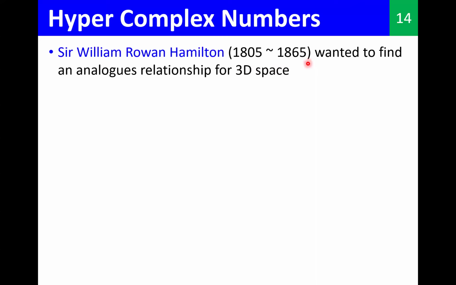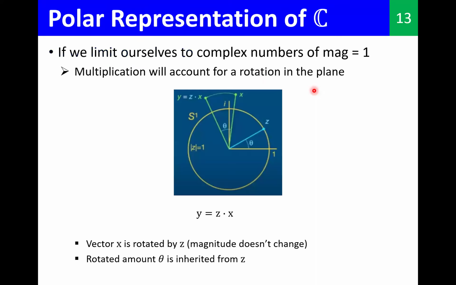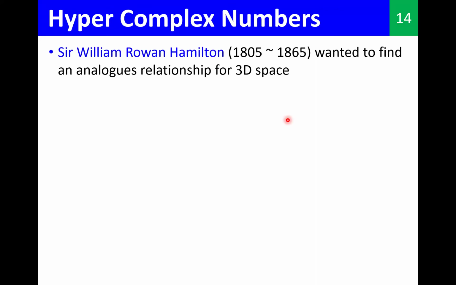Maybe not the same complex number, but maybe a very, very complex number, right? So the complex number is already complex, that we know. So how about we make it more complicated and call it a hypercomplex number, and we apply that hypercomplex number to a vector, then maybe we should be able to achieve three-dimensional rotation, not just planar rotation like this. We should be able to somehow take a vector and get it rotated in 3D.